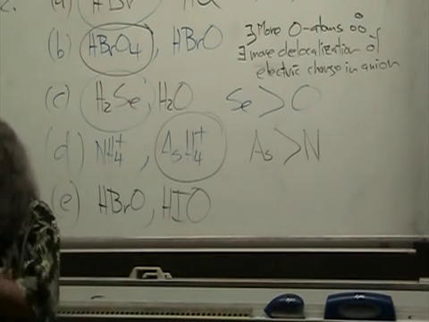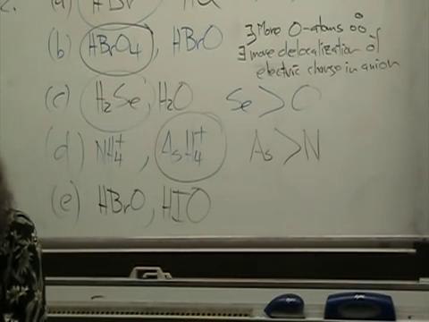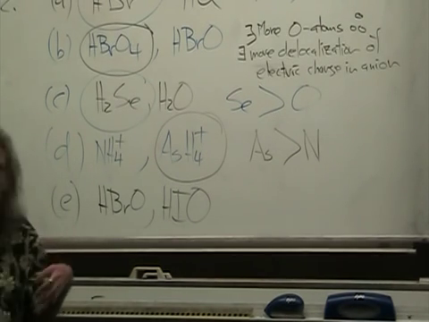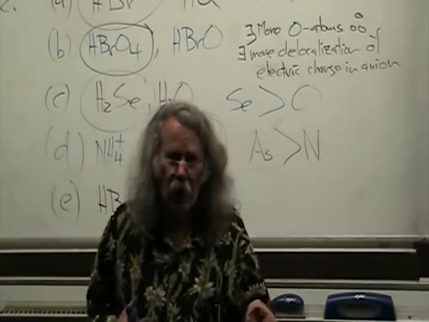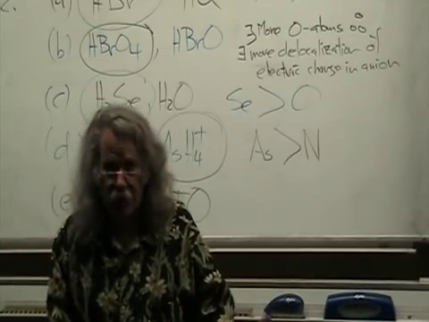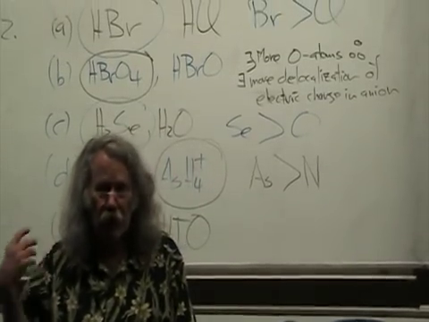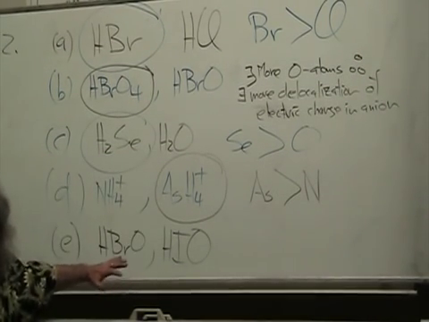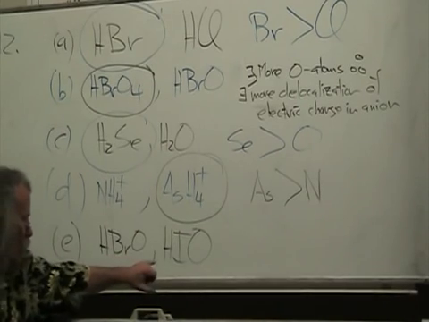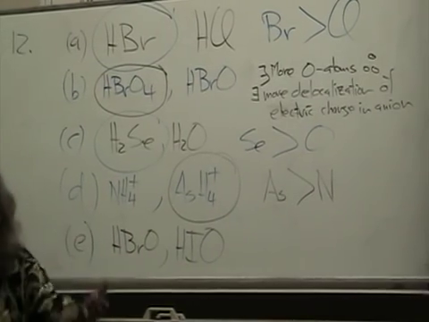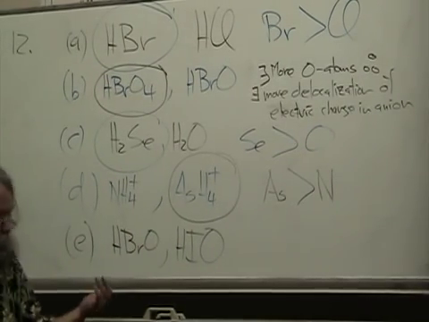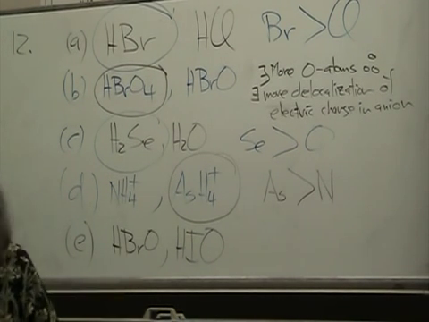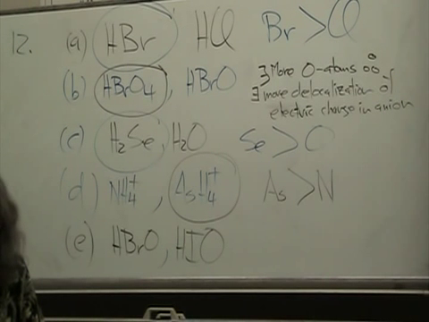But they're in the same group. That's the key. So at this point, we're going to look at the stability of the oxoanion, the conjugate base. And that's going to be more stabilized by a more electronegative heteroatom. Which one has higher electronegativity, bromine or iodine? Bromine.